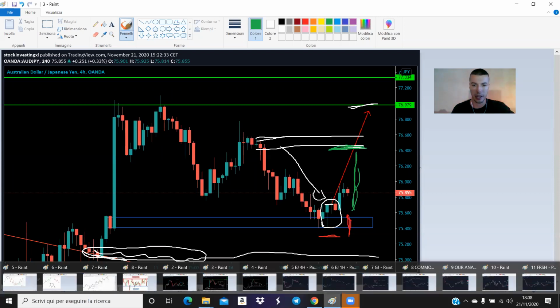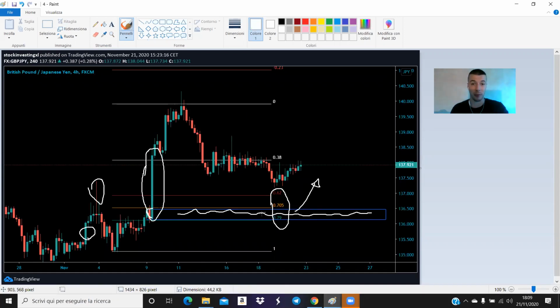Now, let's see some other examples. It's really important to understand how to enter and place stop loss and take profit. In this case, we have our demand area, which corresponds to our Fibonacci levels in between the 0.705 and 0.79. Stop loss below that area.